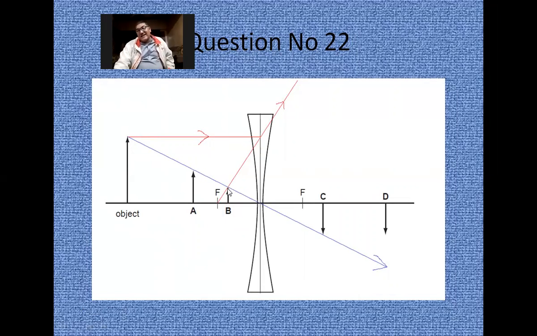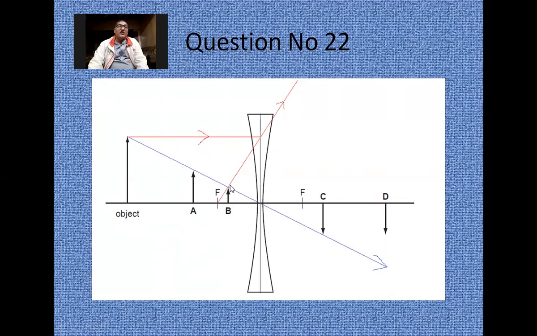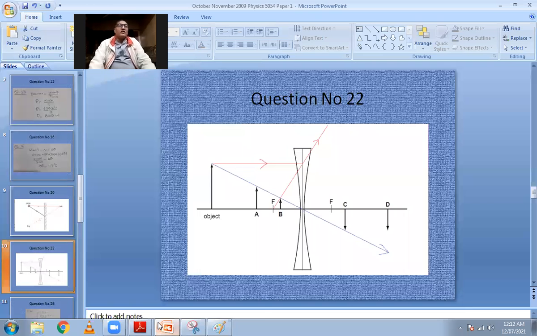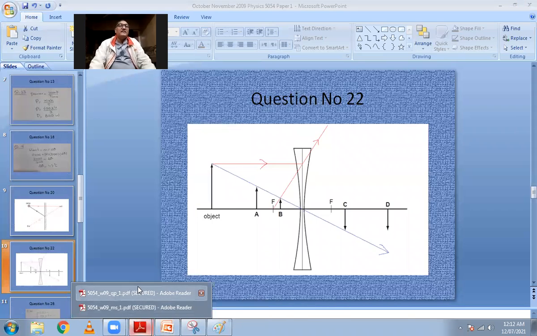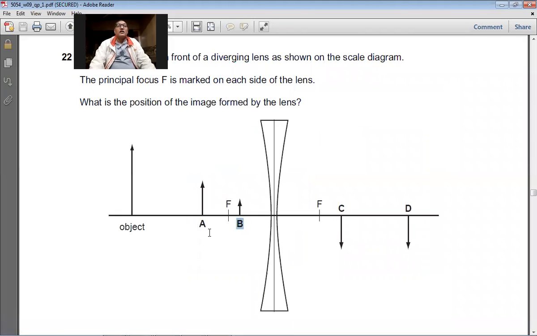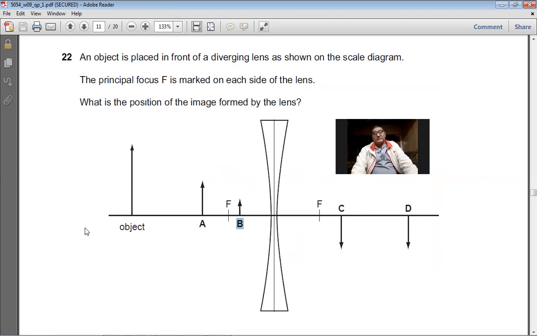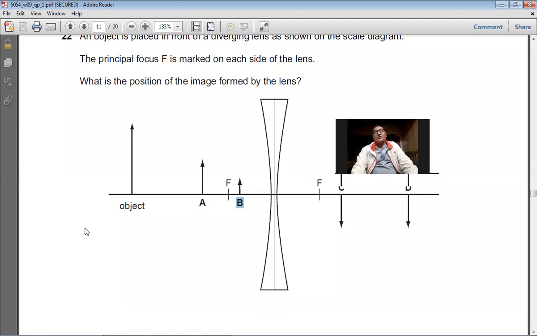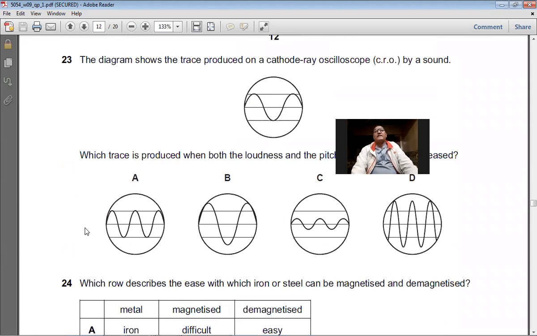So where this red and the blue line intersect each other, there you will find the image. At the point B, you will be able to find the image. So this is that image. B is the choice. So I think B is the right answer.